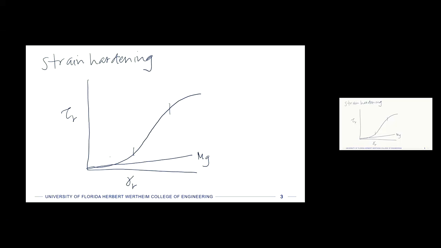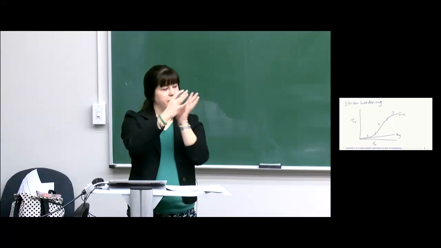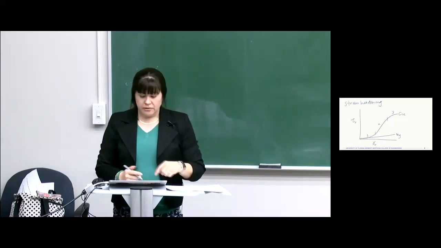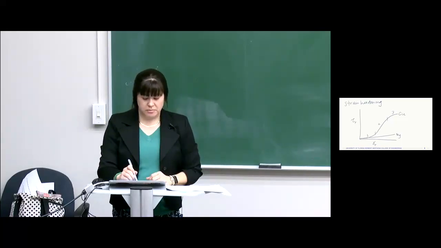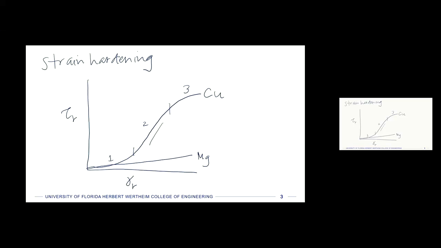Like stage 1, stage 2, stage 3, and this would be for copper. Where you have a stage at the beginning that has an increasing slope, but it's very easy to have the slip, right? And then there's a linear hardening regime, which would be that second stage. And then there's a plateau or a flattening when you get out to the higher stage, right?